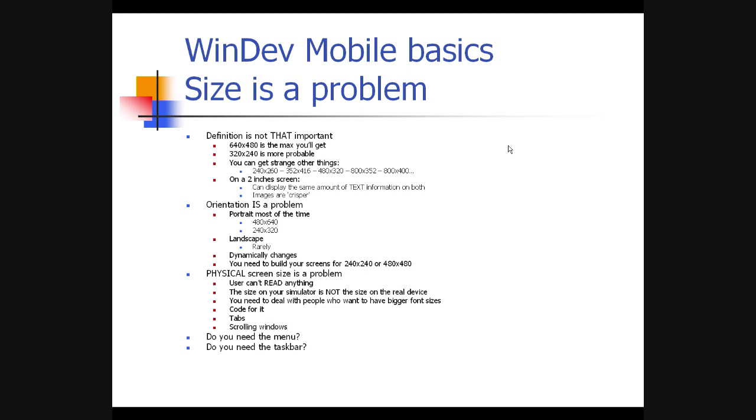Well, when you run it on my device, you can't get back to the menu. If you can, I didn't find how. And you just have no way of getting out of this thing. It's extremely frustrating. So really, what do you need if you don't need the menu, if you don't need the taskbar? How do you let the user go back and do something else?